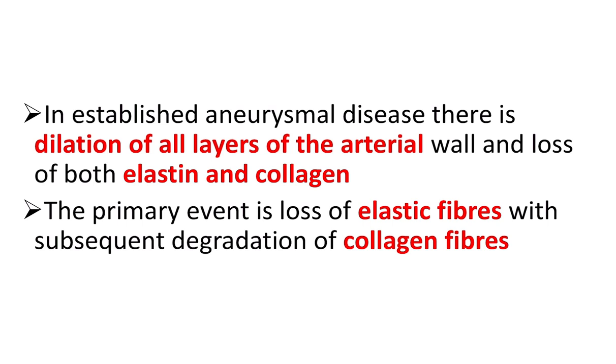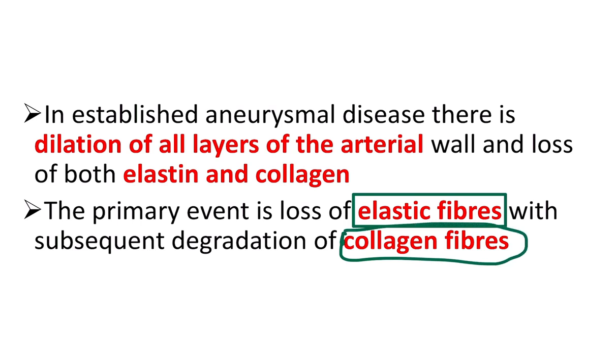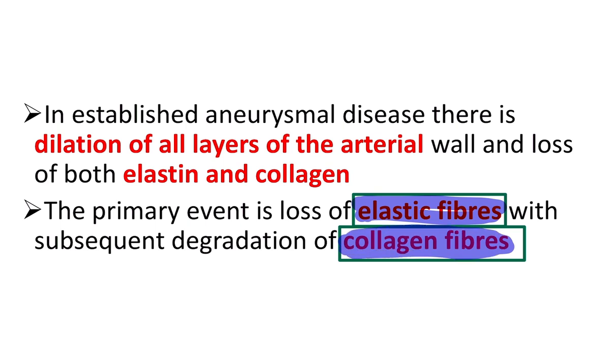Primary event again: first of all the elastic fiber degeneration, then collagen fiber degeneration. So two important degenerations. First it is the degeneration of the elastic fiber, and the second one is the collagen fiber. Collagen is not first; E for elastic fiber, it is the first.